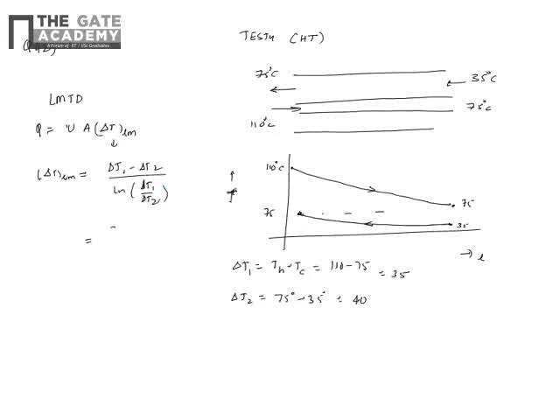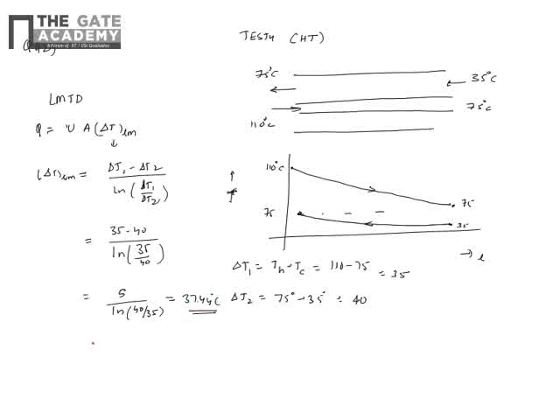So delta T1 minus delta T2 is 35 minus 40, by ln 35 by 40. If I multiply by minus on the numerator and denominator, I get 5 by ln 40 by 35. So this value comes out to be 37.44 degrees Celsius.